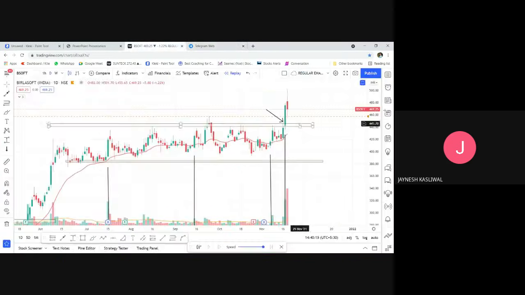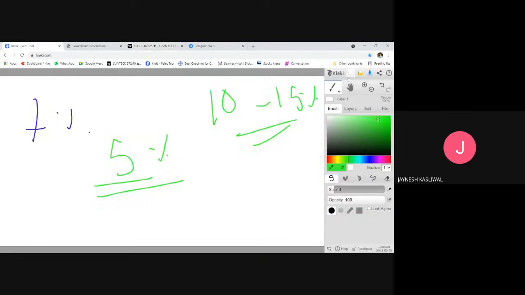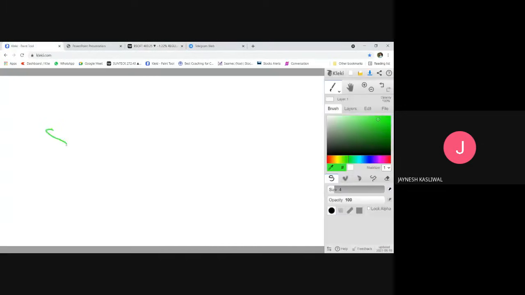Why 450 rupees? 450 is the retest area of that stock, and you should always understand that, I would say, 80 to 90% of the time the stock will definitely retest. I say this with a guarantee: 80 to 90% of the time the stock will definitely retest, and that will provide you one of the safest entries in any kind of scenario.